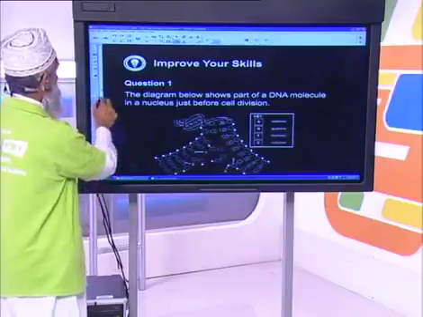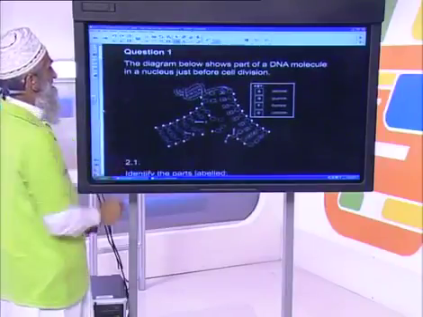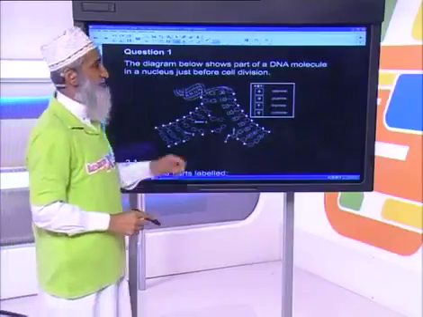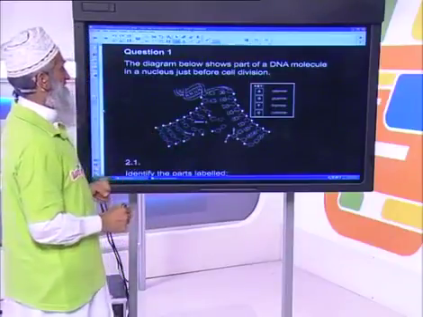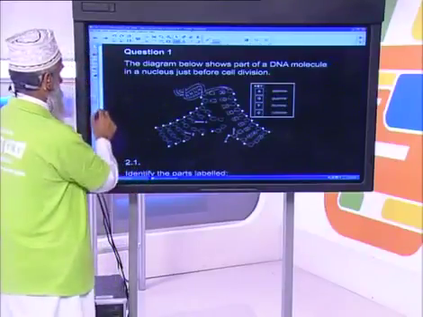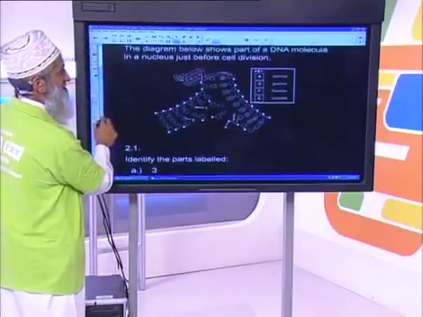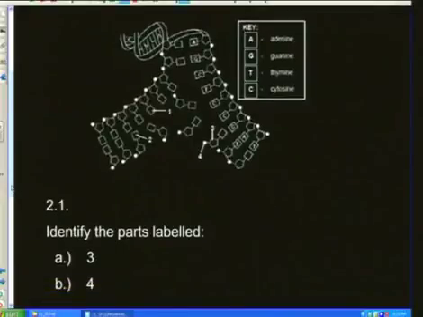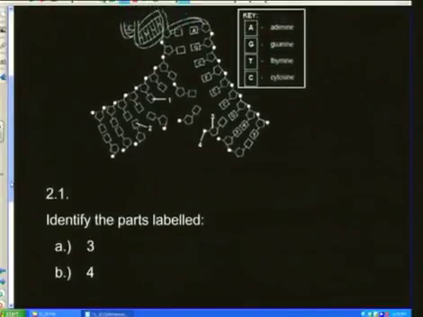Okay? The next question says, the diagram below shows part of a DNA molecule in a nucleus just before cell division. Just before cell division. And they've given you a key there. But you can see what's happening here. Something is happening, this molecule is splitting. So identify the parts labeled 3 and 4.